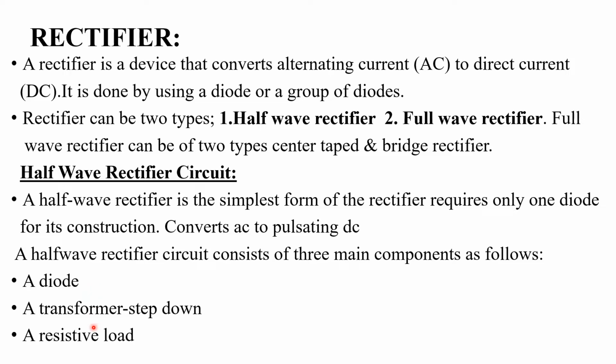The second important requirement is a transformer. Normally a step down transformer is used. We know that the input supply given to the transformer is normally a 230 volt, 50 hertz supply, but almost all electronic equipment works in the voltage range of 2 to 24 volts. So we need to reduce the voltage to this useful range, so we normally use step down transformers.